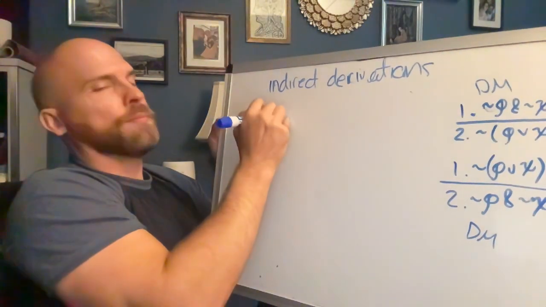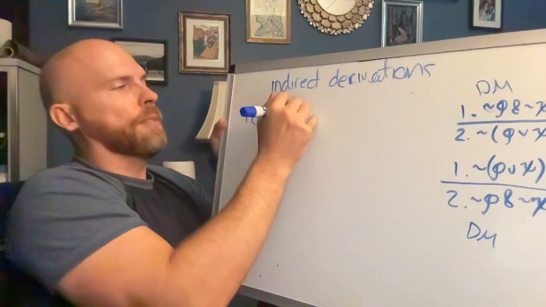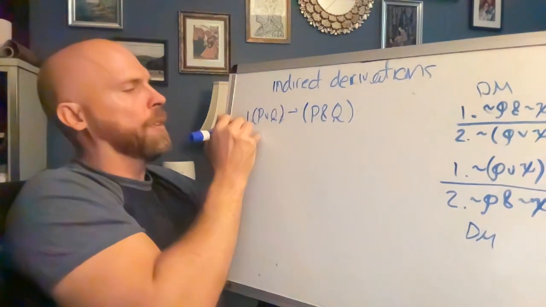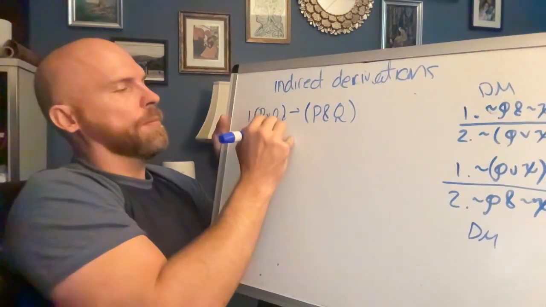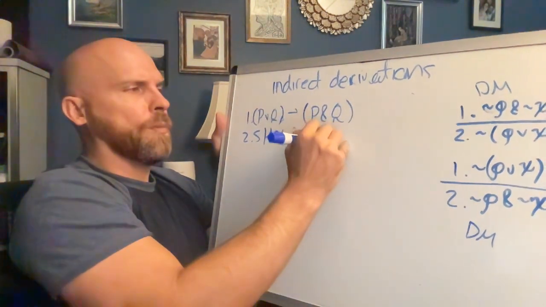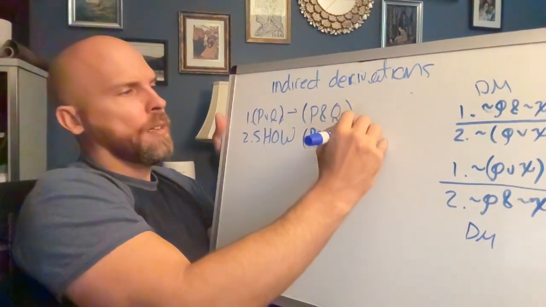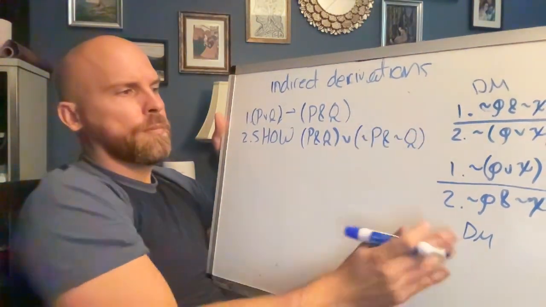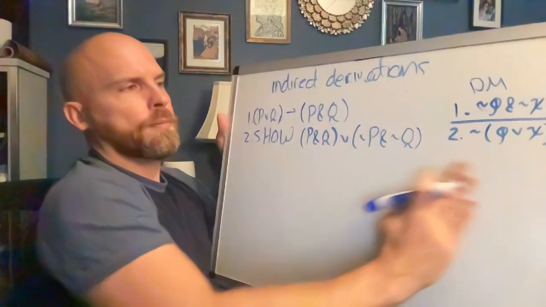P or Q. If P or Q, then P and Q. I need to show that P and Q, or not P and not Q. I'll move these.